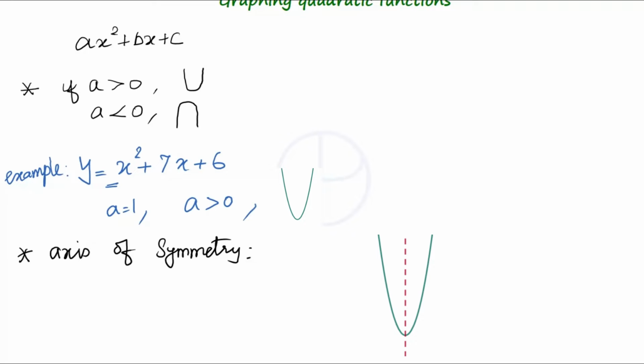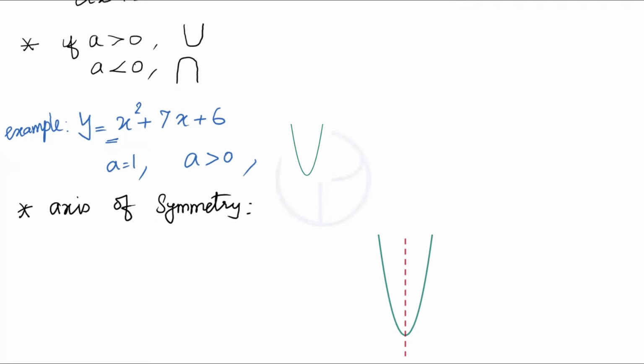The formula for finding the axis of symmetry is x = -b/2a. Let's find the x value for our example. Here a is 1, b is 7 and c is 6.